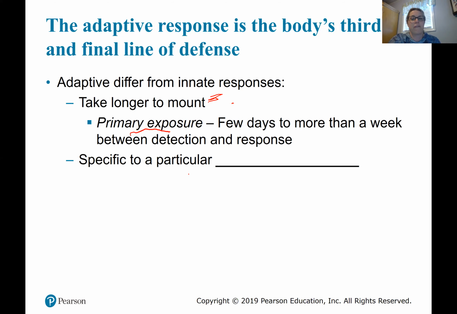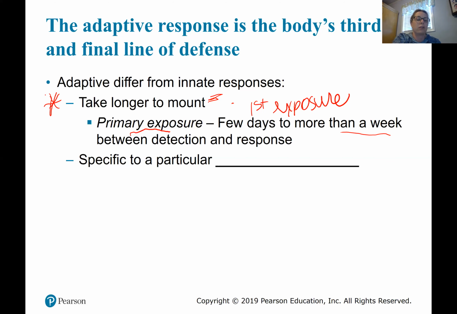So the very first exposure a patient has to a particular pathogen, it takes a week or more, maybe closer to 2, to really get a good response from the adaptive immune system. And so one of the differences is this adaptive immune response takes longer to mount or to get going.